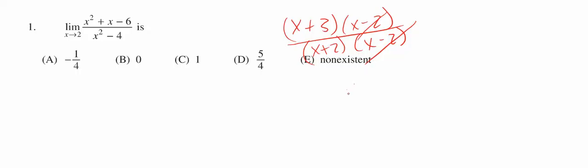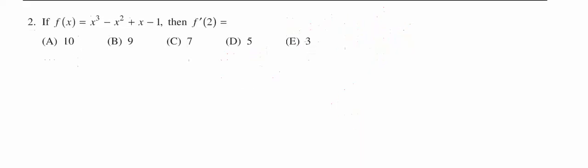Now I can put my 2 in, and I'll get 2 plus 3 over 2 plus 2. Good there. And look in here. If this is our function, then our derivative at 2 is, so let's just find our derivative. Got our power rule.